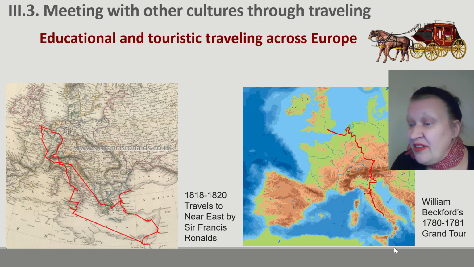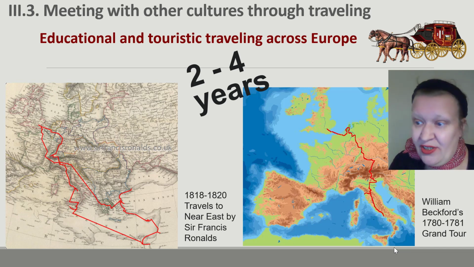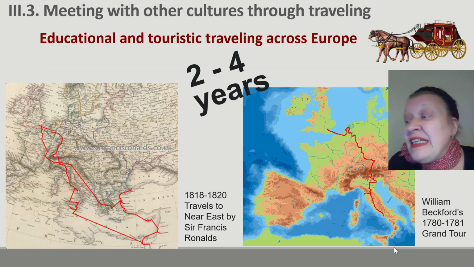Young aristocrats, primarily men, less frequently women, left their countries to spend 2 to 4 years touring around Europe in an effort to broaden their horizons and learn about language, architecture, history, geography, and culture. This practice was introduced in England, but grew to be widely popular across Europe and the United States. It became known as the Grand Tour.